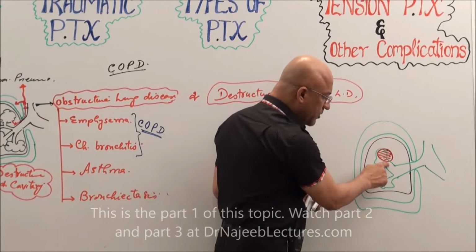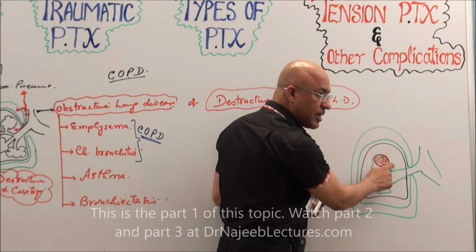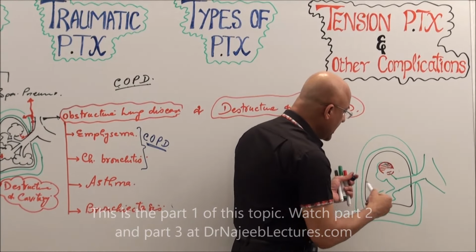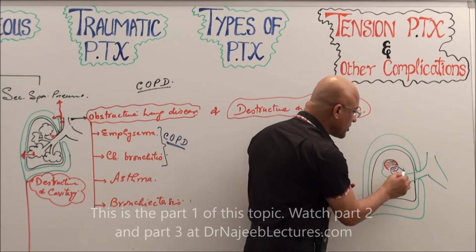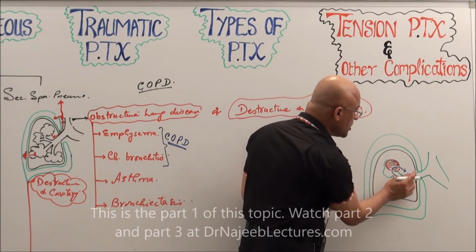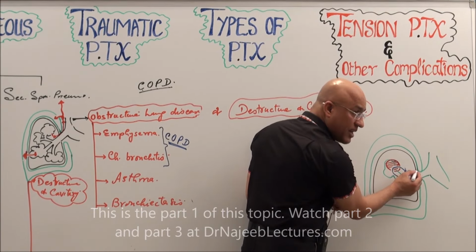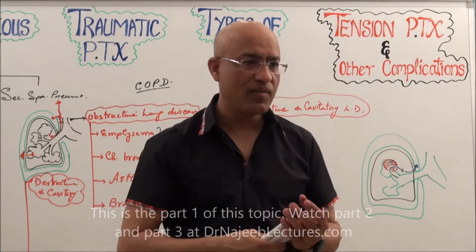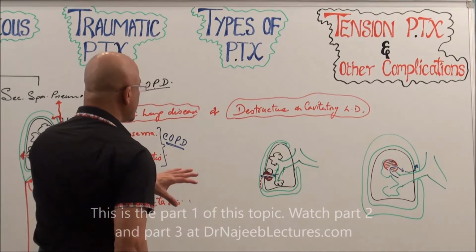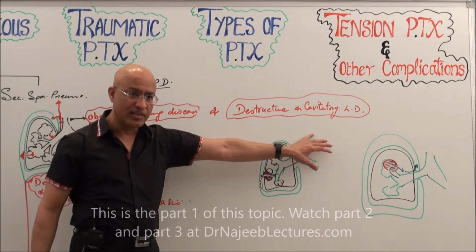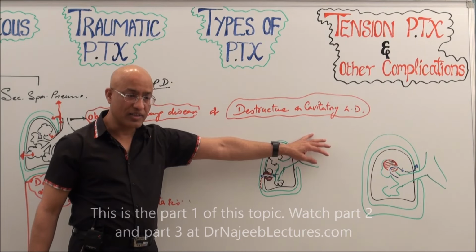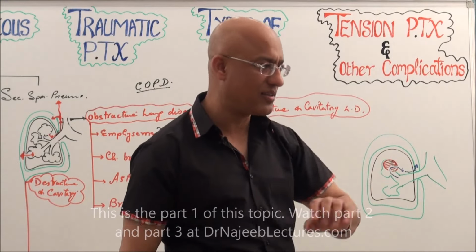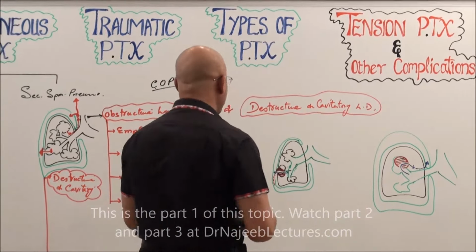On one side it is connected with the airway, on the other side it is lung interstitium. So when it melts away, the air from the bronchial tree may enter the interstitium of the lung, and then the same route. From the interstitium it may dissect and eventually reach the pleura and produce pneumothorax. So this is the mechanism by which destructive and cavitary diseases of the lungs increase the risk of secondary spontaneous pneumothorax. Clear? Now, what are the examples of this condition?